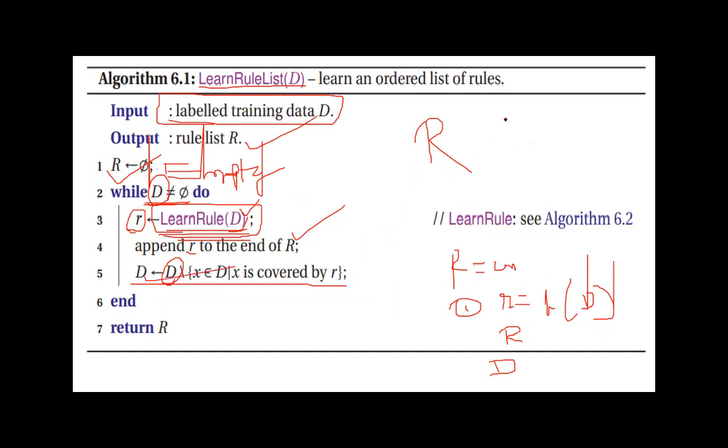There are only 3 steps: first, second, and third. Get a rule, append, remove. As simple as this. Very simple. Get a rule, append, remove.